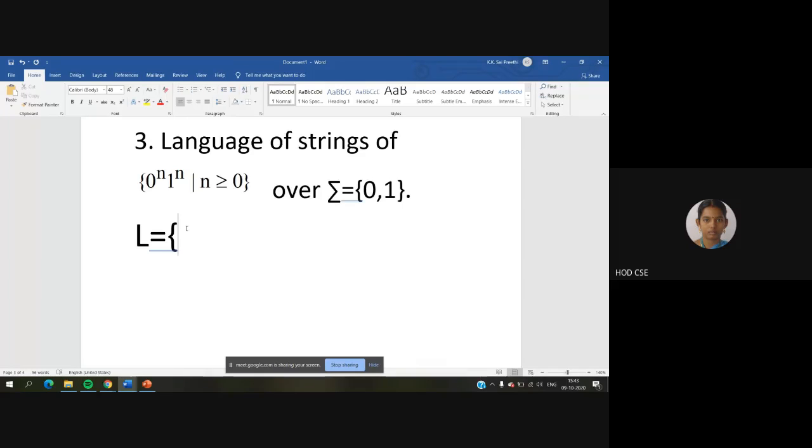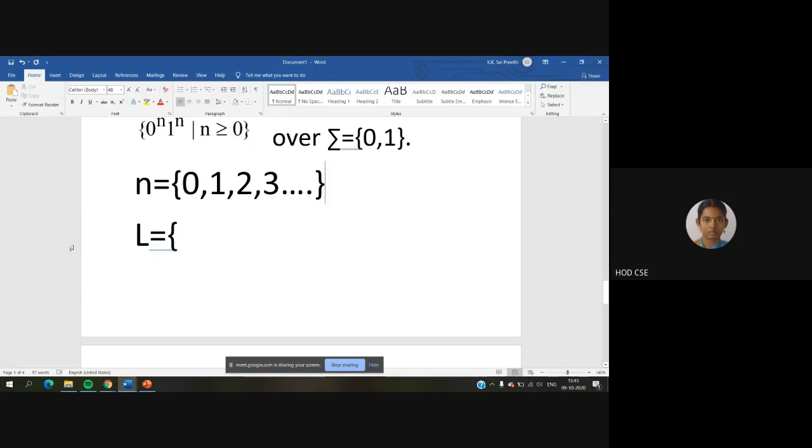N starts from 0. First you write the value of n. N starts from 0; greater than or equal to 0 means 0, 1, 2, 3, likewise it goes. Whenever the n value is infinite, definitely L is also infinite.